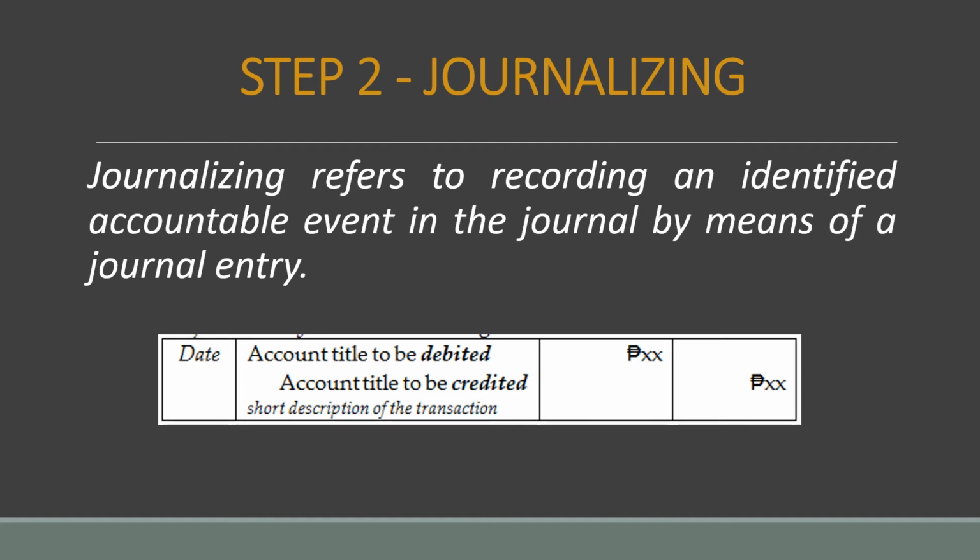And a journal entry shows all the effects of a business transactions in terms of debits and credit. So, bawat transactions, we initially record it in a journal. Okay? So, kaya nga tinatawag na Book of Original Entry ang General Journal.